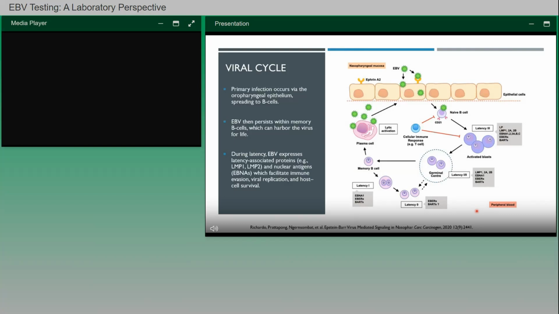So after that naive circulating B cell encounters EBV, it will become a memory cell, and that memory B cell will deposit in a germinal center within a lymph node. They also circulate in a quiescent state, but most of them are going to be in those lymph nodes. And the role for that cell is that it memorized that EBV antigen.